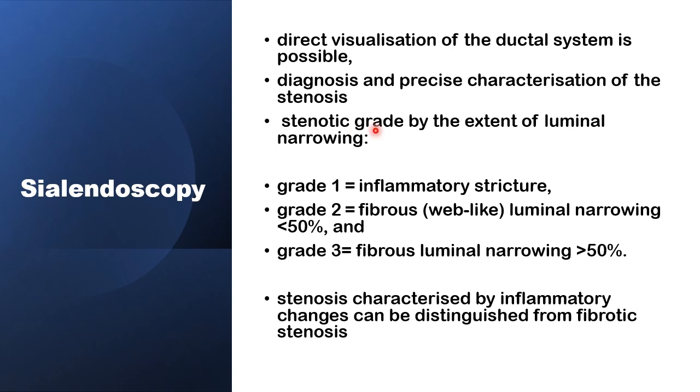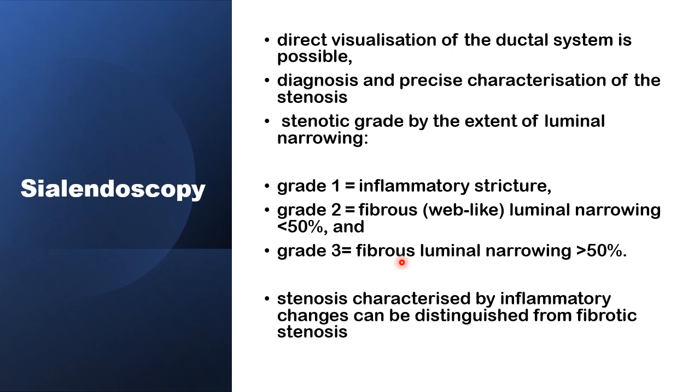This would allow grading of the stenosis by the use of cystoscopes into grade 1 when there is only some inflammation causing stricture of the duct, or grade 2 when this inflammatory process had caused a fibrous or a web-like stenosis, but the lumen is narrowed less than 50%, or in grade 3 the lumen has narrowed more than 50% with the fibrous scar.